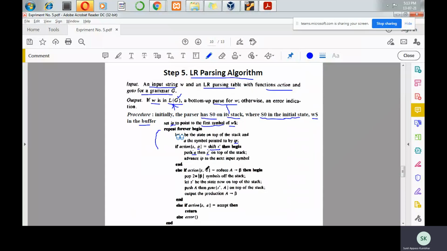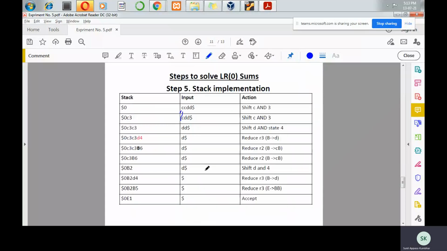So here the top of the stack is 0 and the current input symbol is C. Let me check the parsing table for 0 and C. So 0 and C, it is S3, right? So this is a shift entry.